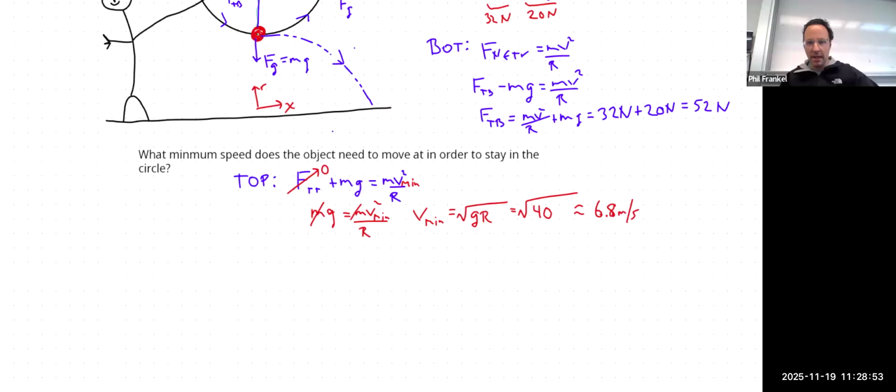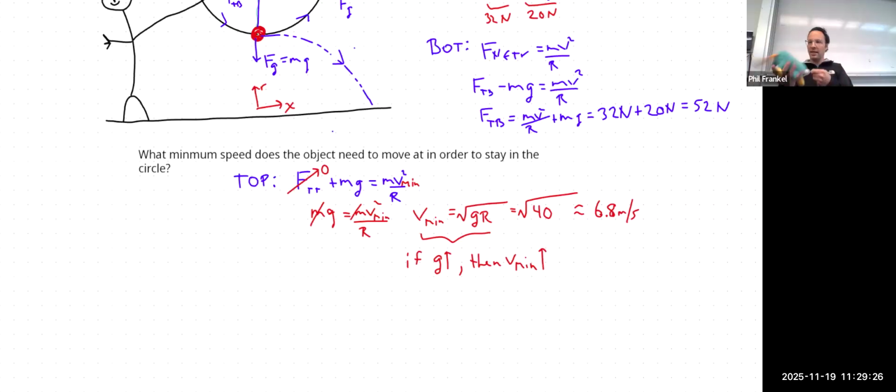Now, let's think about this for a second. If the gravitational field were stronger, if the gravitational field went up, then the minimum speed would go up as well. Hopefully this is reasonable to you. Look, I'm twirling Platty around. I know there is a minimum speed.